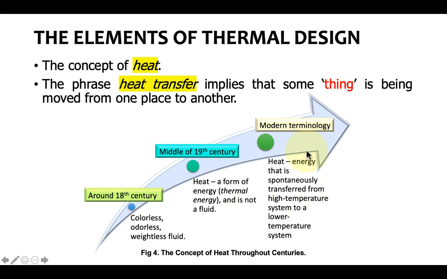However, the modern definition of heat is energy that is spontaneously transferred from a high temperature system to a lower temperature system. The terminology of heat flow was already in common use and could not be changed.